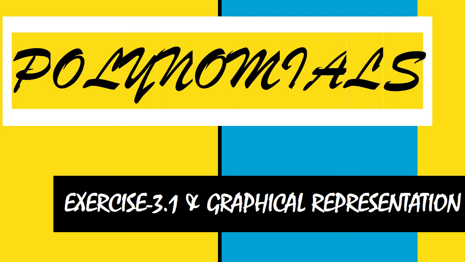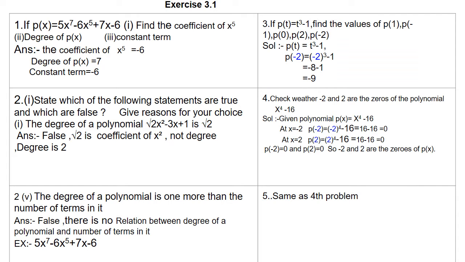And in this class we are going to do exercise 3.1 and graphical representation of polynomials: graphical representation of a constant polynomial, linear polynomial, and quadratic polynomial. So let us go to exercise 3.1.